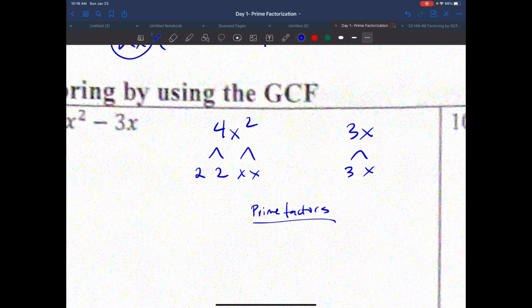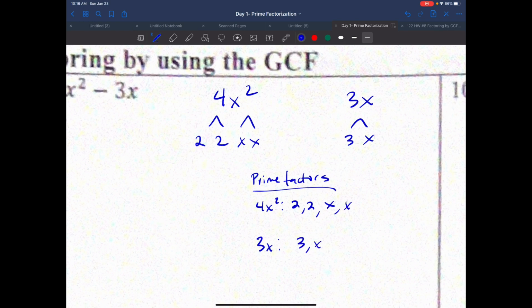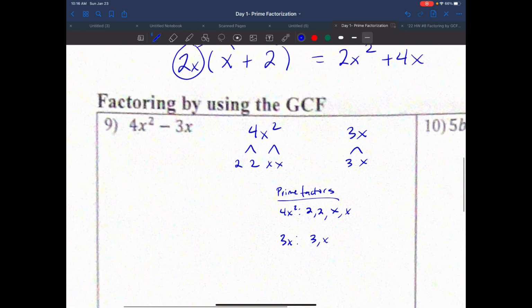So looking at this, 4x squared and 3x, we have 2, 2, x and x, and then 3 and x. What do they have in common? Well, it seems like they share only one x.